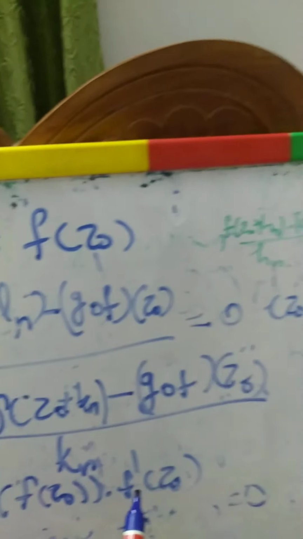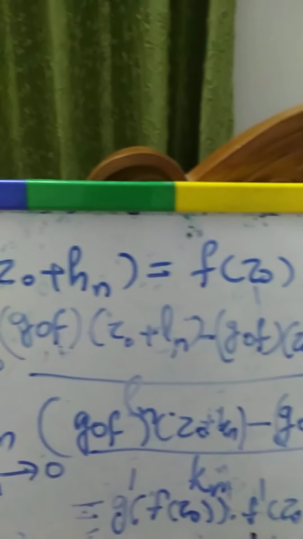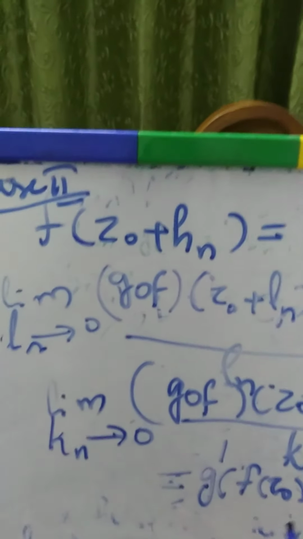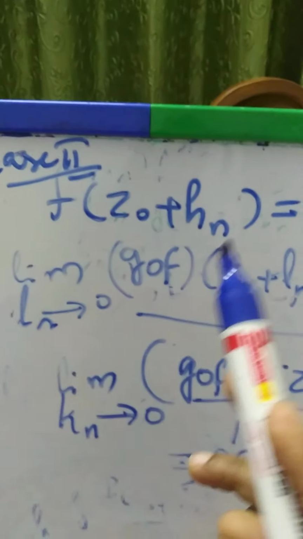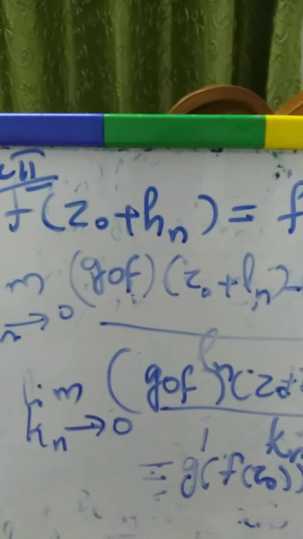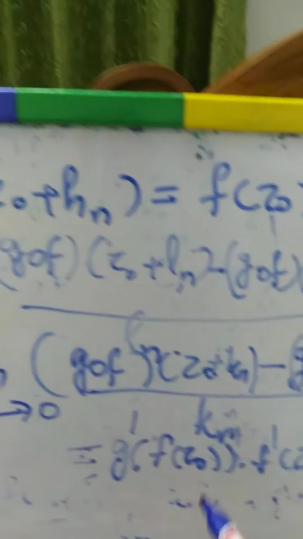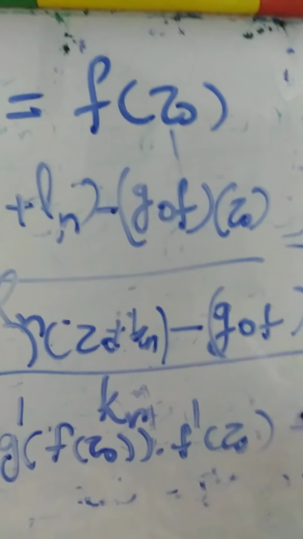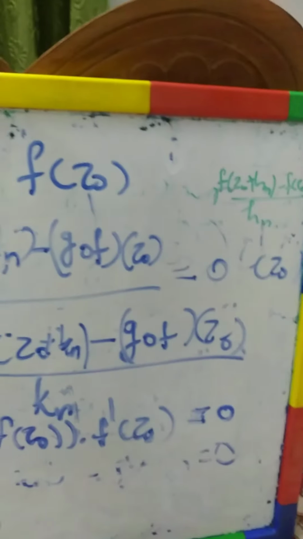What is your f dash of z naught here? You already obtained that f dash of z naught is equal to 0. So this is equal to 0.